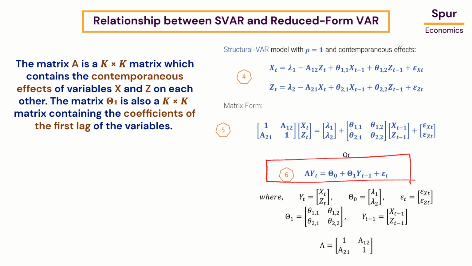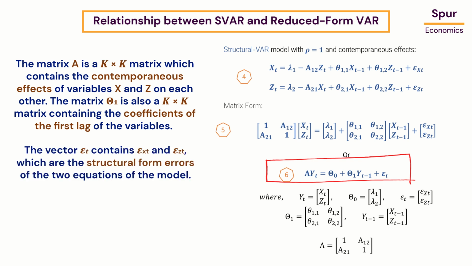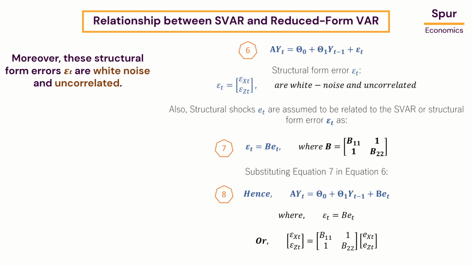The matrix theta1 is also a k by k matrix containing the coefficients of the first lag of the variables. The vector epsilon contains epsilon xt and epsilon zt, which are the structural form errors of the two equations of the model. Moreover, these structural form errors are white noise and uncorrelated.